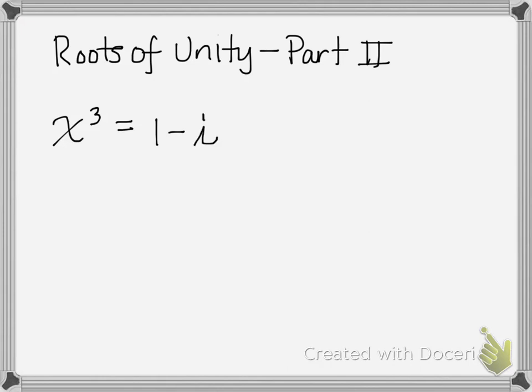So there we have something that's looking a little bit different. The earlier examples that we looked at were x to the fifth equals 1 or -1, and x to the fourth is equal to 1. So now we're obviously making that a little bit more complex, in fact using a complex number. But the process is exactly the same.